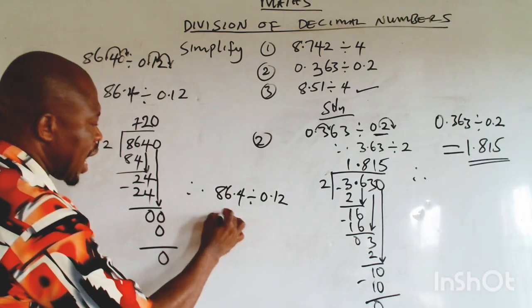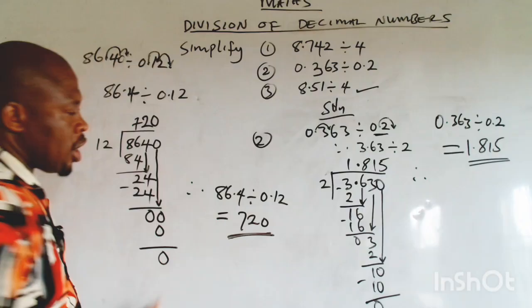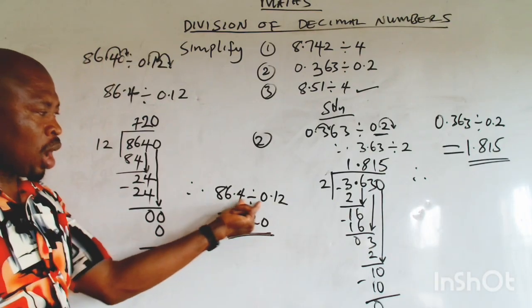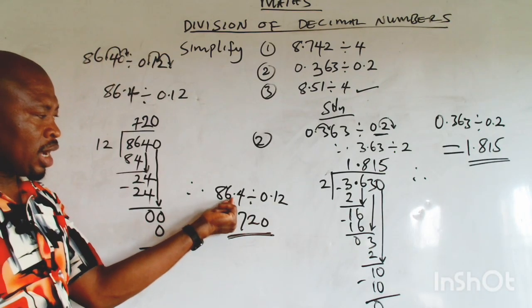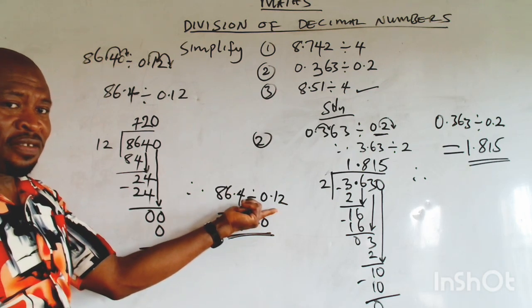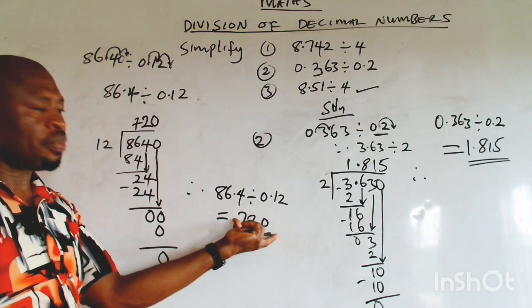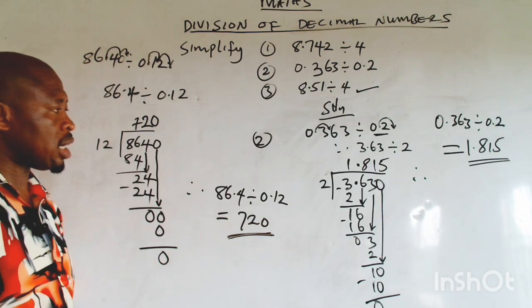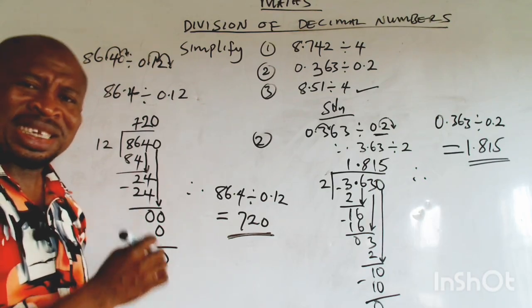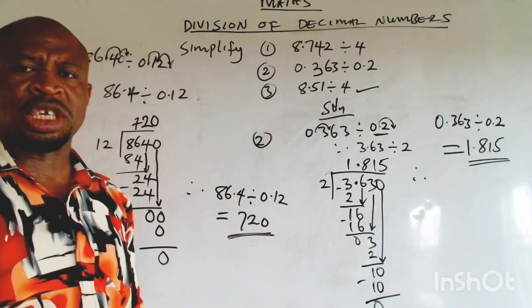We can say that the answer is 720. Of course, this is when we have a number divided by a very low number, because it is giving us a very high integer.